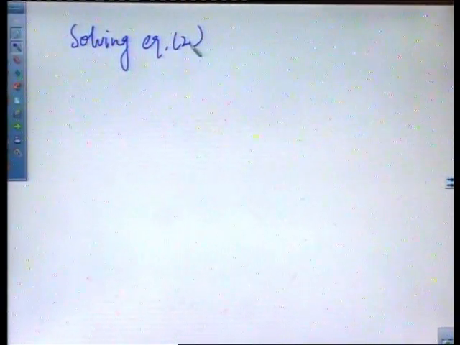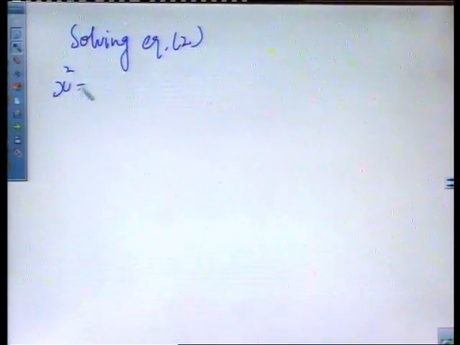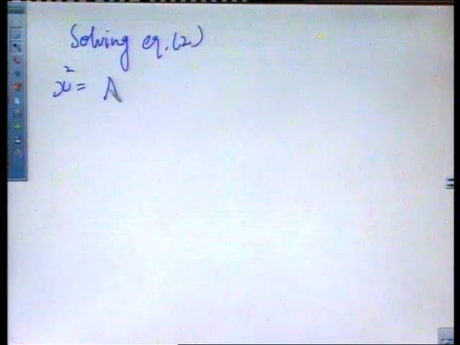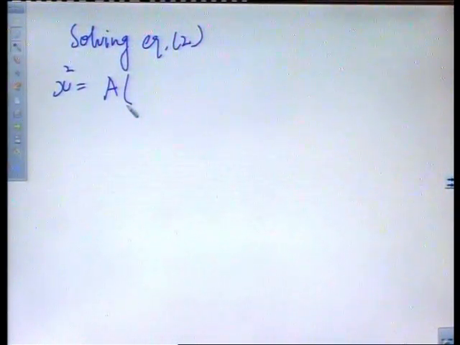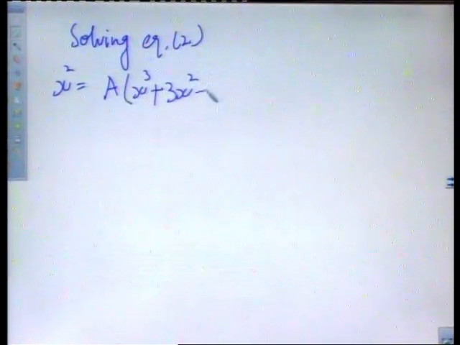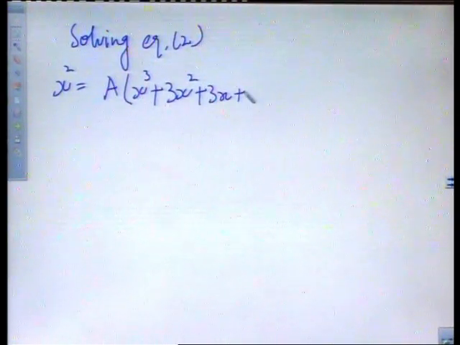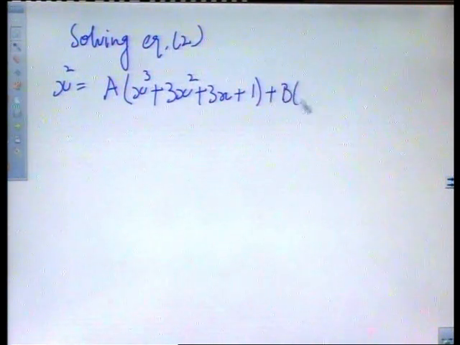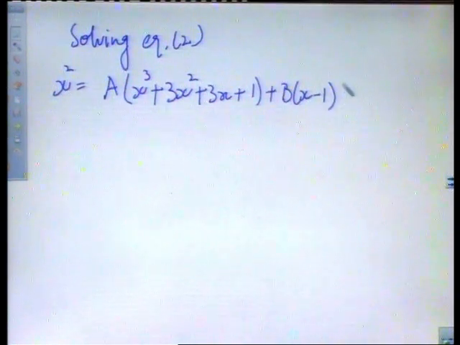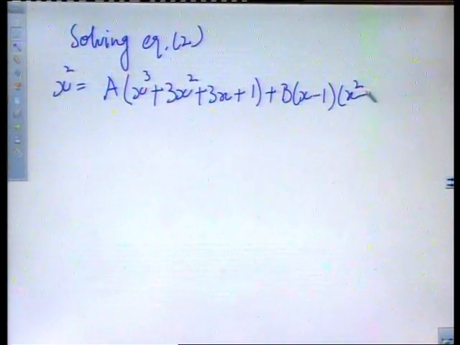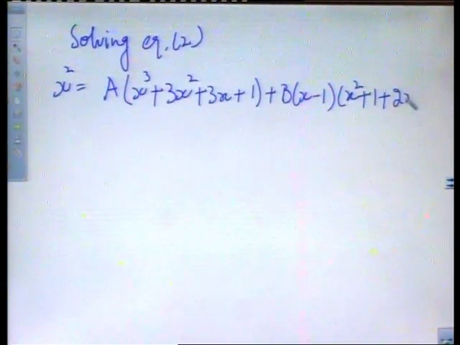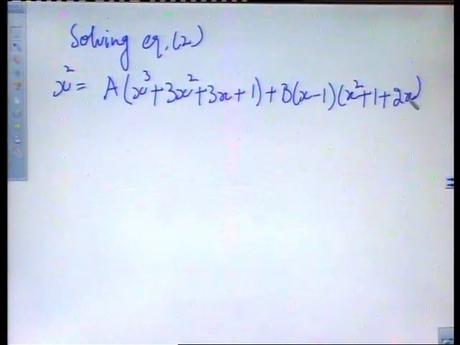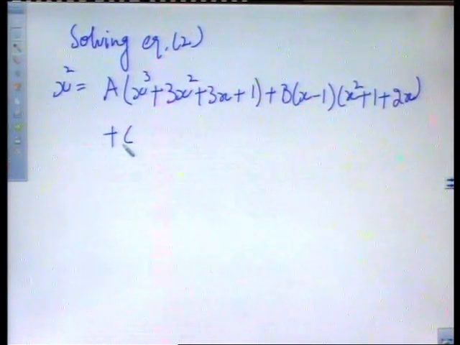When we solve equation 2, on the left hand side we have x square, A into x plus 1 cube. X plus 1 cube becomes x cube plus 3x square plus 3x plus 1, plus B into x minus 1 as such, and x plus 1 whole square as x square plus 1 plus 2x, plus C. With C we have x plus 1 into x minus 1.